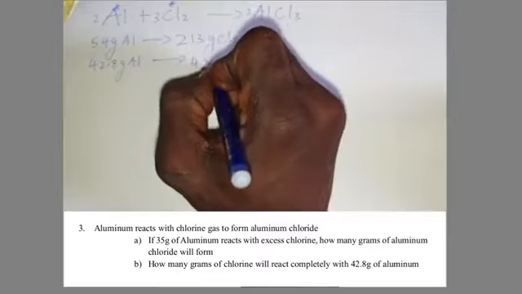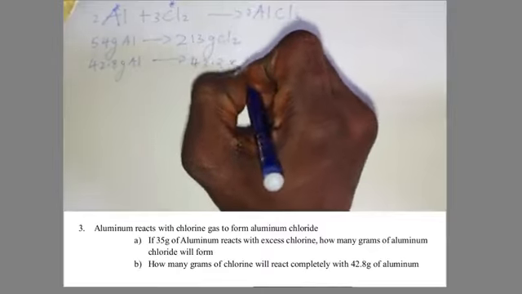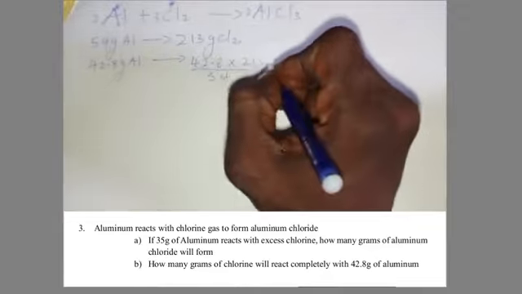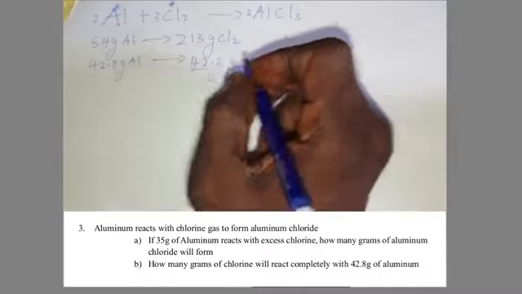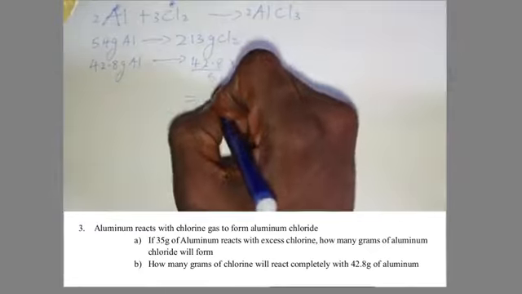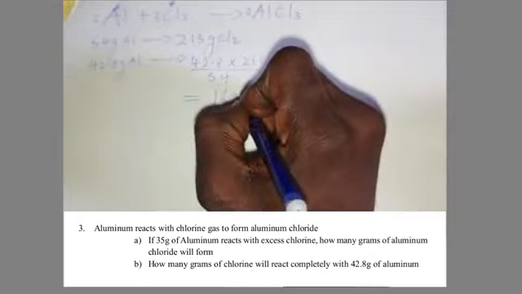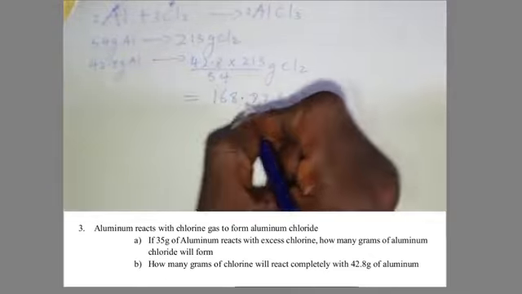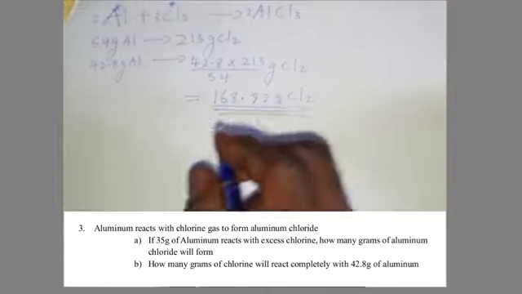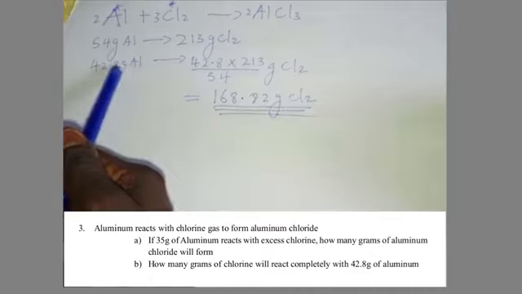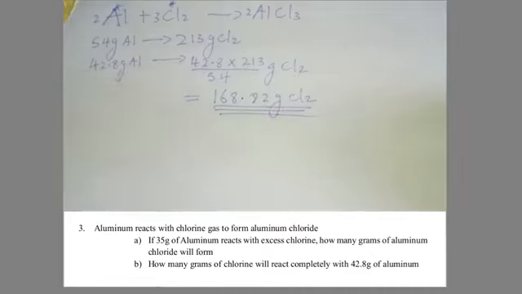So 42.8 multiplied by 213 all over 54 grams of Cl2. Let's solve this problem. That gives us about 168.82 grams of Cl2. Final answer. So this is the amount of chlorine gas that will react with 42.8 grams of aluminum.